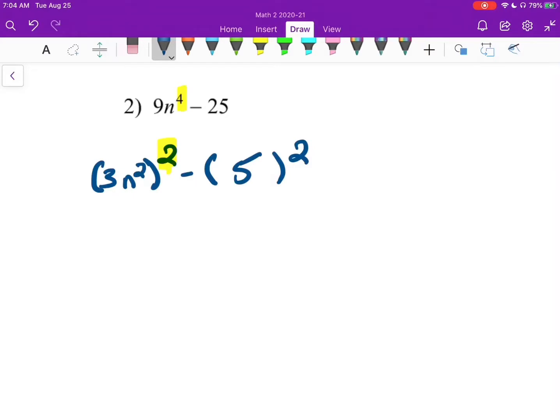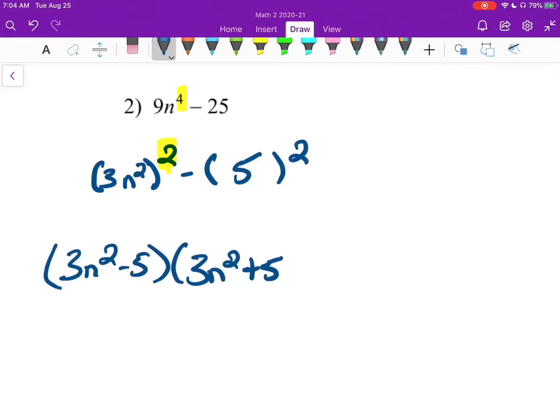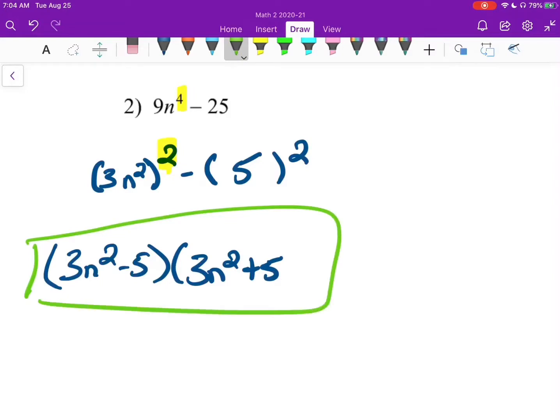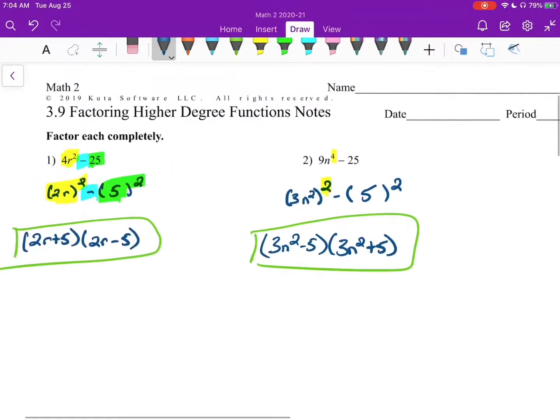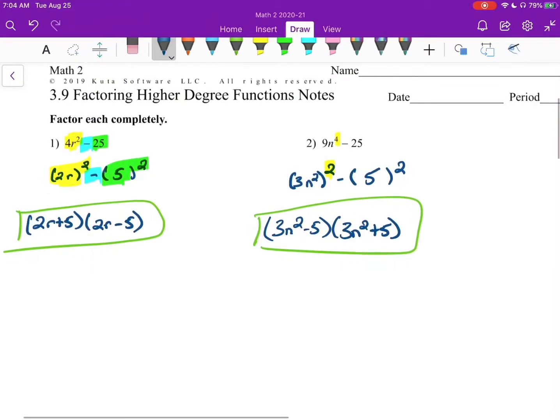Not n to the 4th, just a plain old n squared. So we have (3n squared minus 5)(3n squared plus 5). Number 1 and 2 are a whole lot alike. The big thing that's different about number 1 and 2 is that exponent, the square versus the 4.